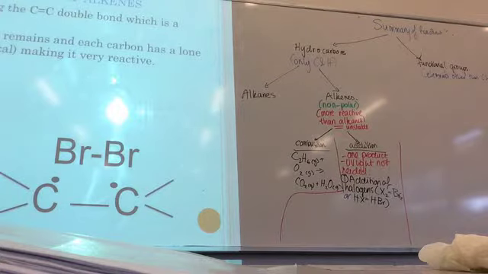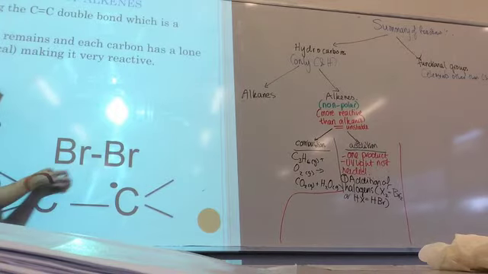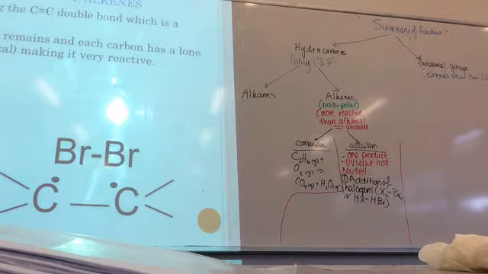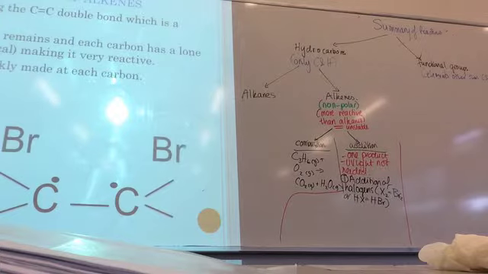And it can go, oh, I'm going to go back, make a bond. It can do that all the time. But if a bromine's around and it splits, it goes, oh, there's electrons there, I'll grab one. And what it does is it breaks that bond and steals the bromine. So you do get the addition of bromine at each side of the bond.